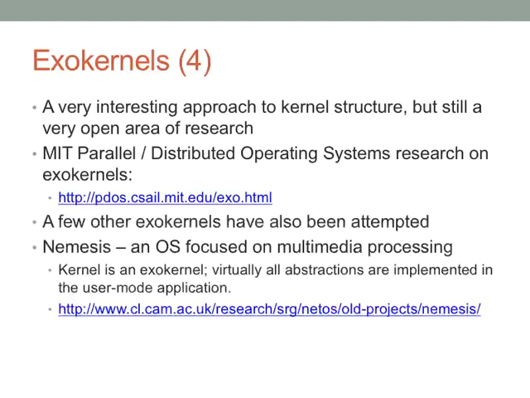Nemesis is a now defunct operating system. Basically it was an effort to migrate as much work as possible out of the kernel for multimedia processing and multimedia management. They didn't set out to create an exokernel, but they ended up creating one because that's what the problem required.